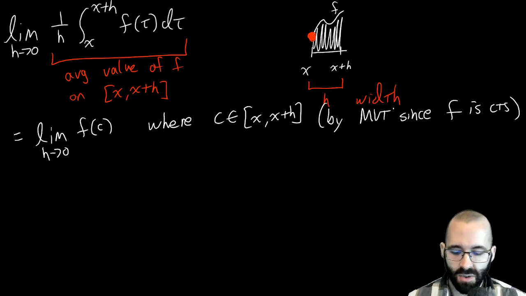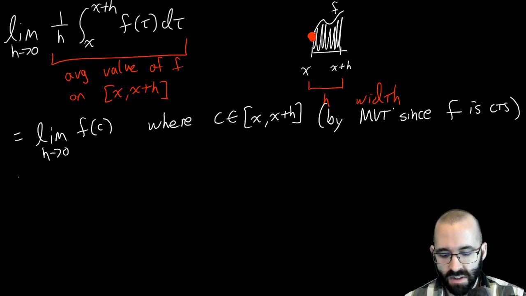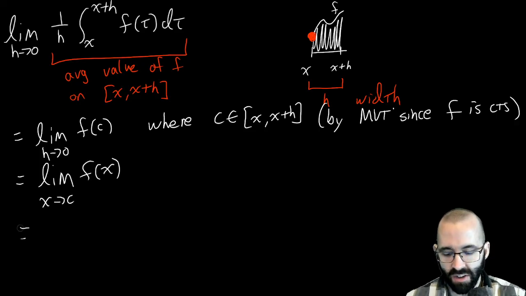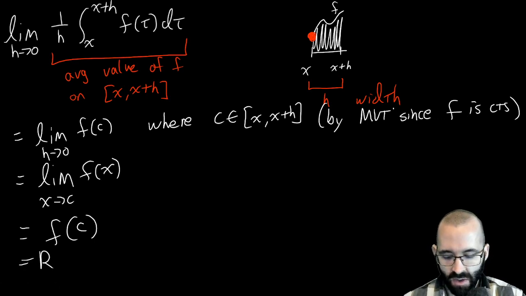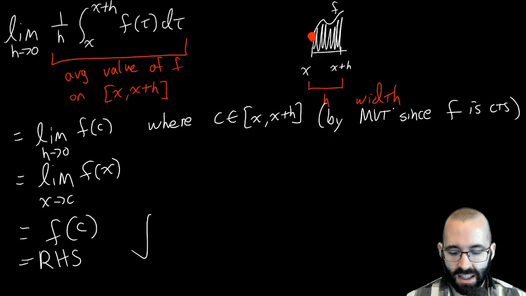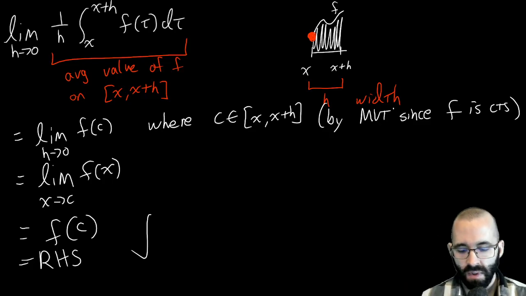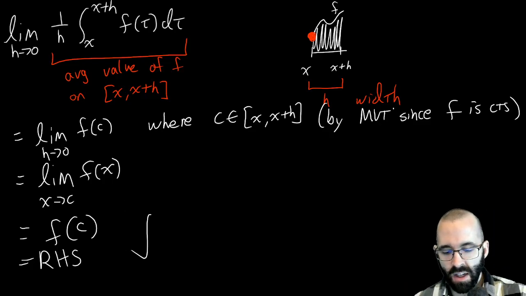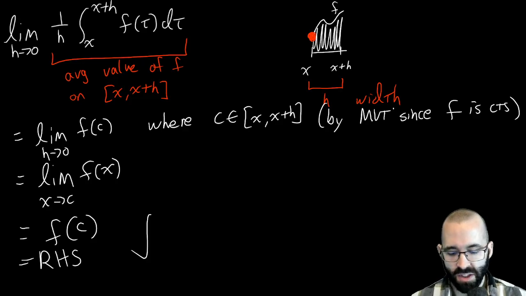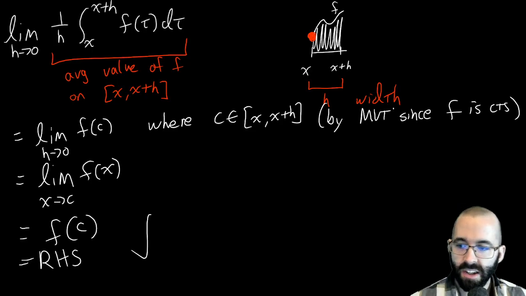And since we have a continuous function, as h goes to 0, that's the exact same thing as x going to c of this, which by the definition of continuity is exactly f of c, which is the right-hand side and exactly what we wanted to prove. These last few steps, I went through them quickly, but think about them and ask me if you have questions about it. And try to see if you can figure out exactly why these are indeed the same. Okay? And this picture is really what's going to get you there.